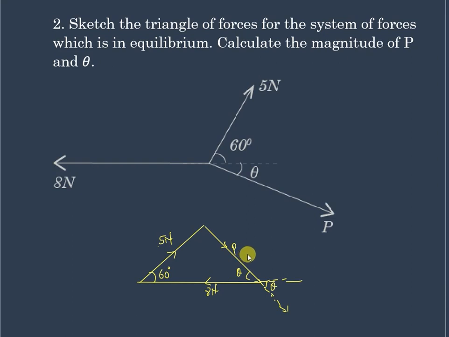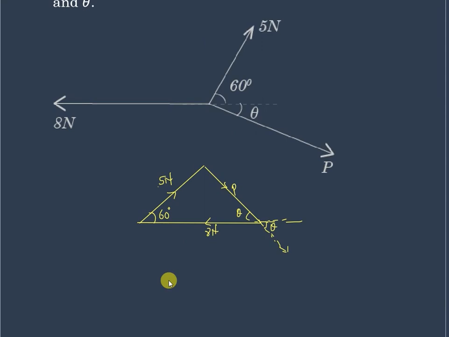For this one, if you are following this, we are going to use the cosine rule. We are looking for P and also looking for theta.